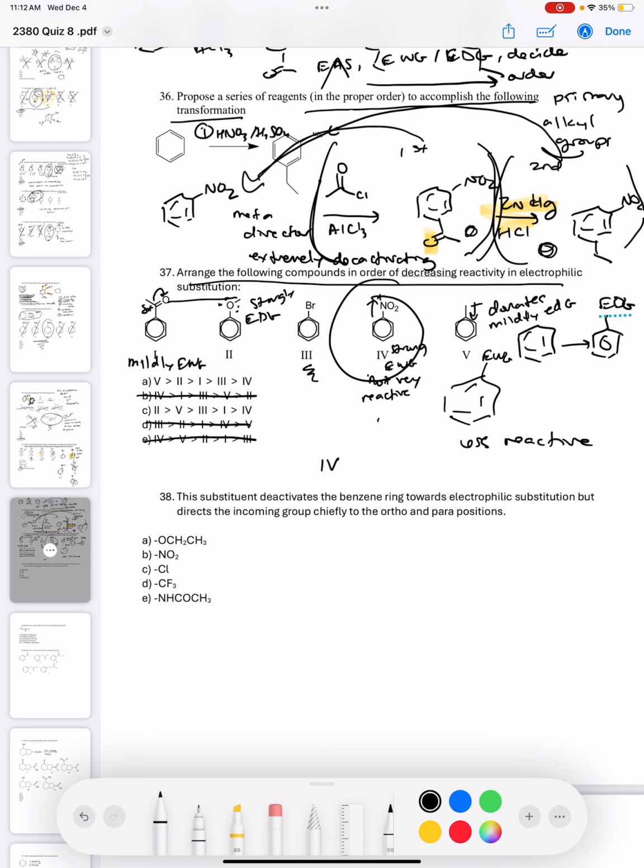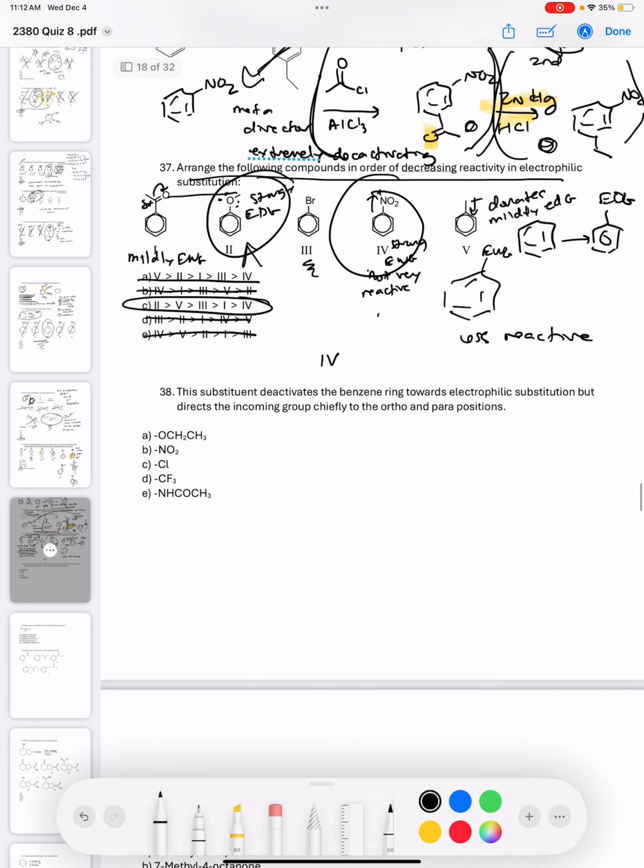And then if I know that this is strongly electron donating, at least more strongly electron donating than just plain methyl, then I can get rid of A. And C is all that's left. So even if you just knew that this was strongly electron donating, then that would get you to the right answer, if you just knew the basic concept.